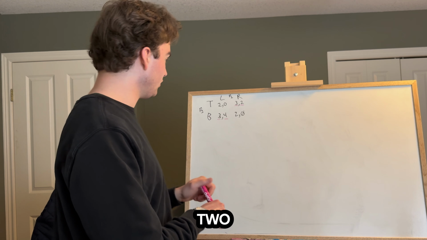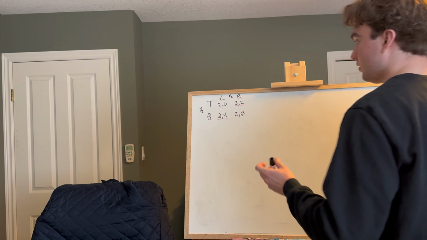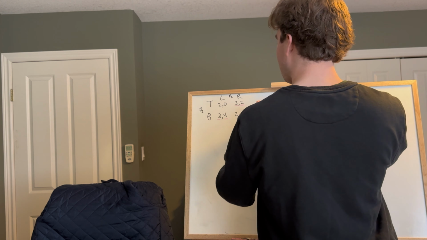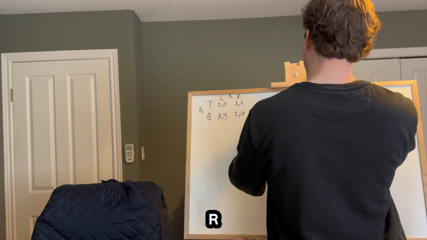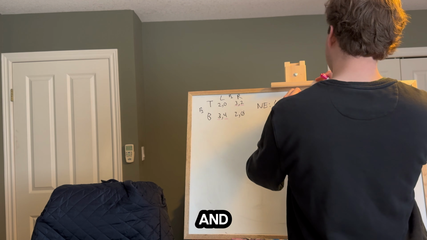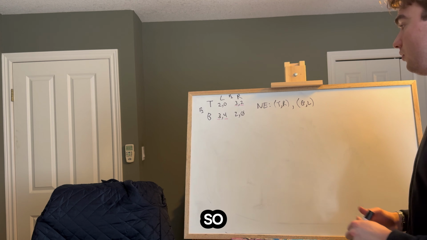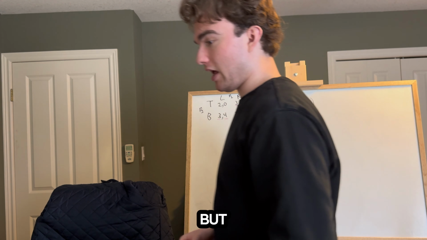So as you can see, we've got two pure strategy Nash equilibriums. So two NEs at TR and BL.